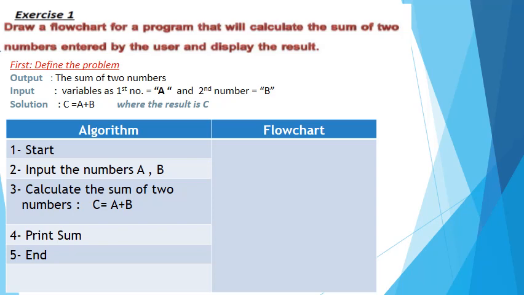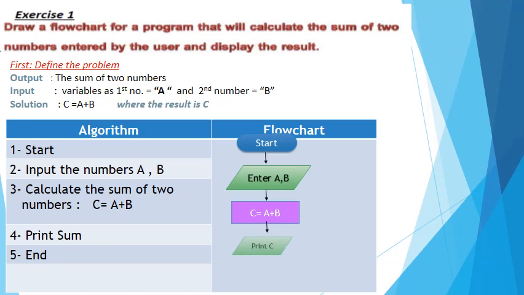Of course, I start the program, then I enter or input the numbers A and B, then calculate the sum of these two numbers, and print the sum, which means display the result. End. Let's draw our flowchart now. Start, enter A and B, C equals A plus B, print C, end.